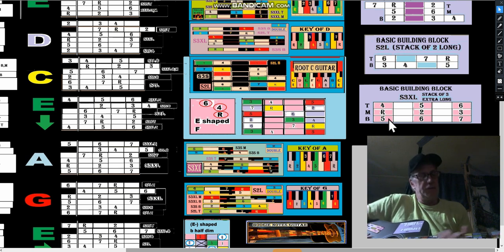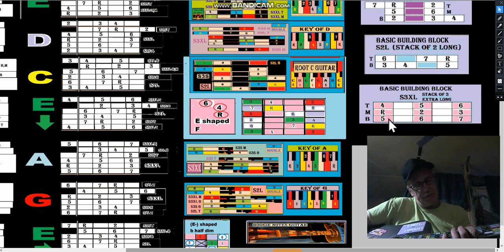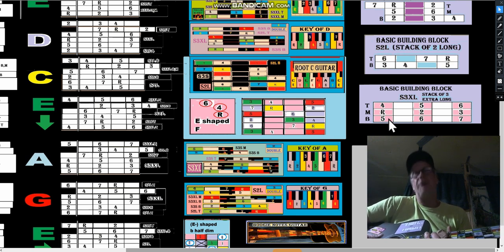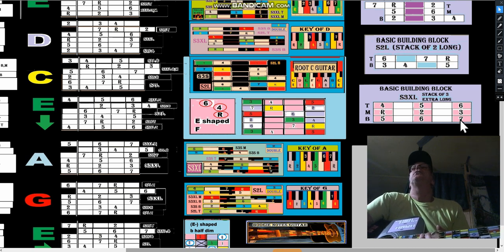The interval between the same note on a guitar is like how many frets? It's 1, 2, 3, 4, 5. 5 frets. This is 1, 2, 4 frets. So it's a half step away.